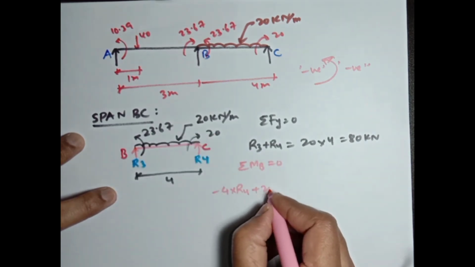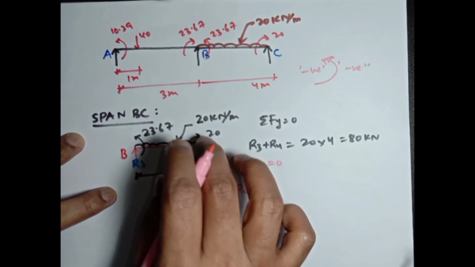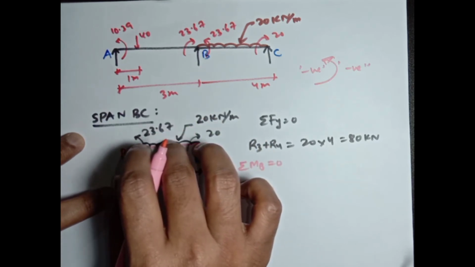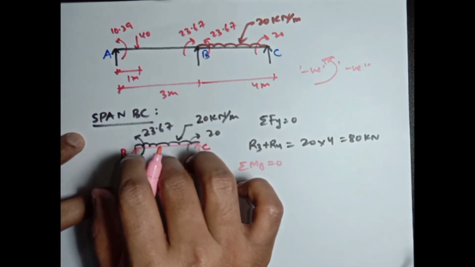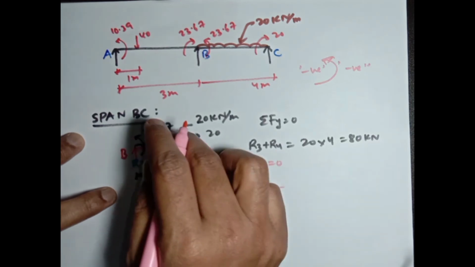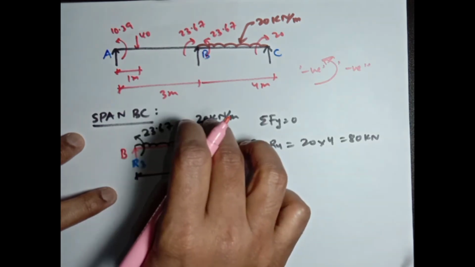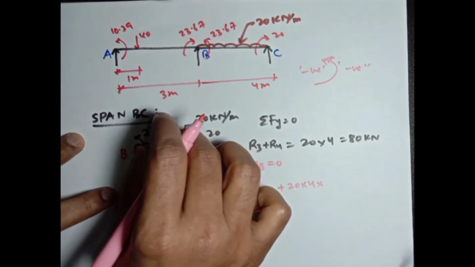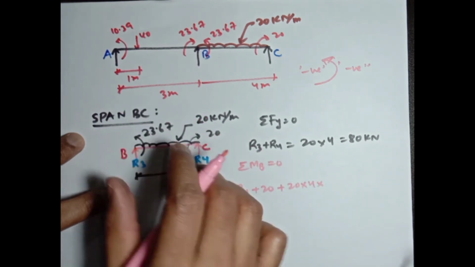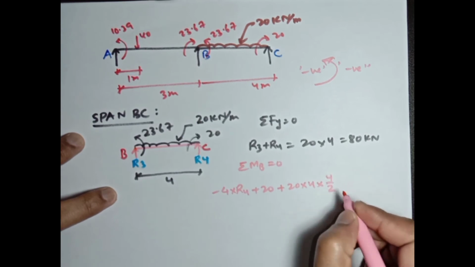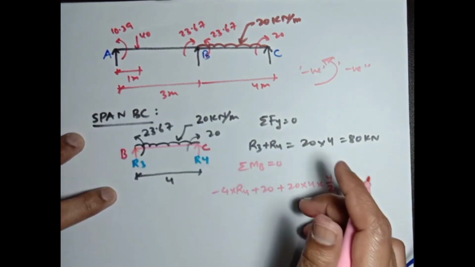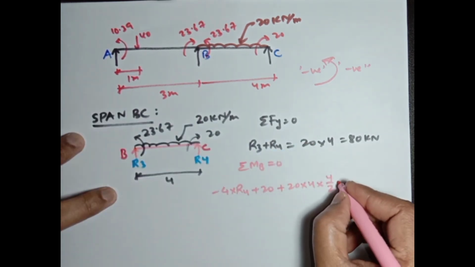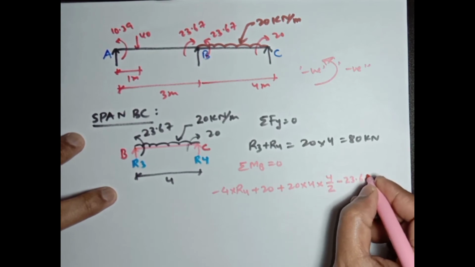plus we are adding 20 kilonewton per meter, which is a clockwise moment. This is the UDL giving a clockwise moment here, so it will have a positive sign. 20 multiplying with this length will be the total force, and this force is acting at a distance of half of this length, I mean 4 divided by 2, and this anti-clockwise moment will be with negative sign, 23.67.